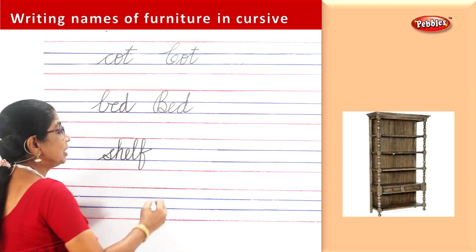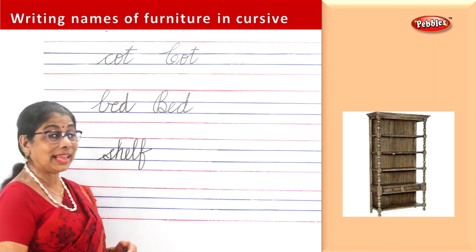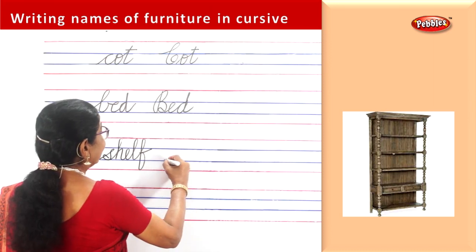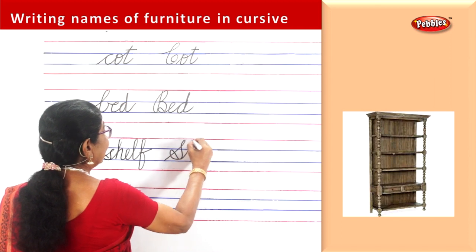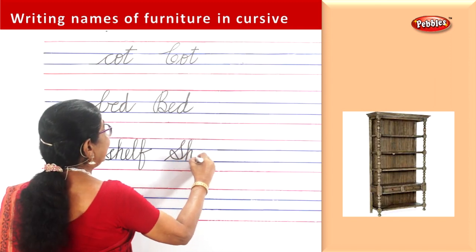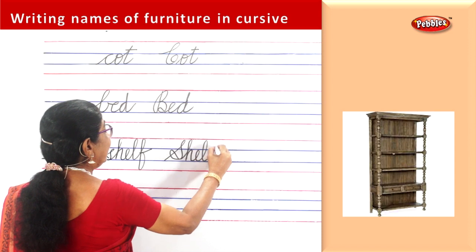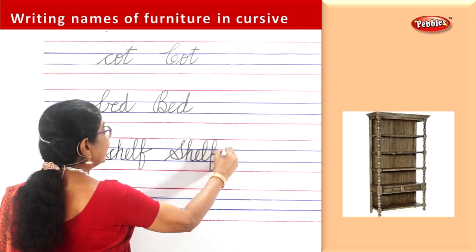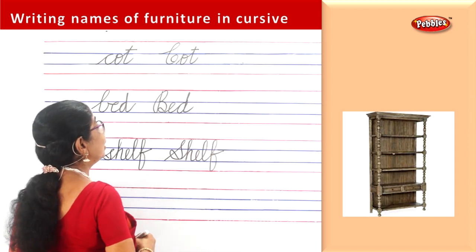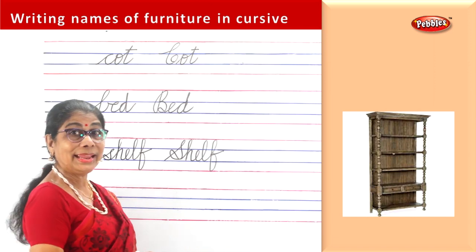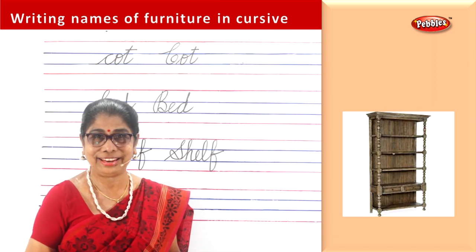S-H-E-L-F, shelf. Let's write the S capital. S-H-E-L-F, shelf. So you have cot, bed and shelf.